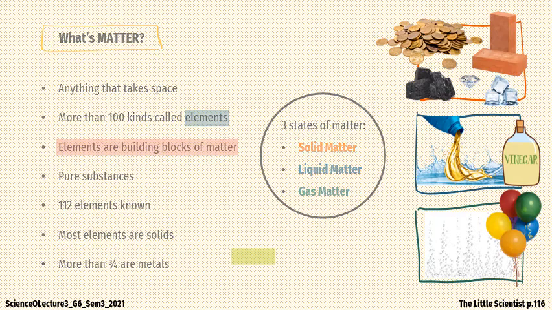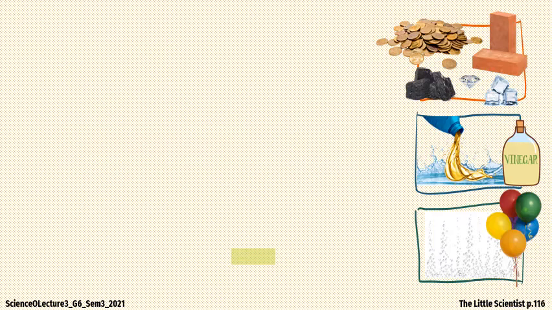To represent elements, chemists use symbols. What's a symbol? It is a letter or a picture that is used to represent something. So they use a capital H to represent hydrogen, O for oxygen, N for nitrogen, and Ne for neon.